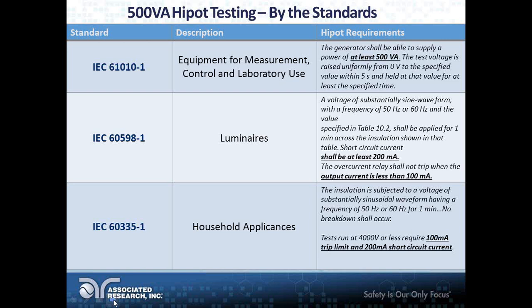So if you're designing a product to one of these standards and testing in the lab in your design process, you have to buy a 500 VA Hipot unit per the language of the standard, no exceptions. In production, that's a little different. Some standards state that you still need to use 500 VA in production, but a lot of them say you do not.